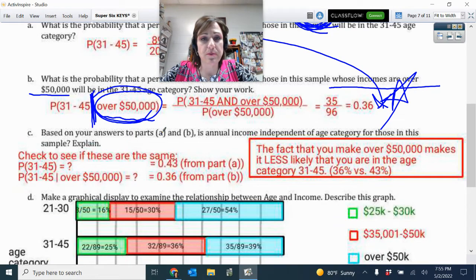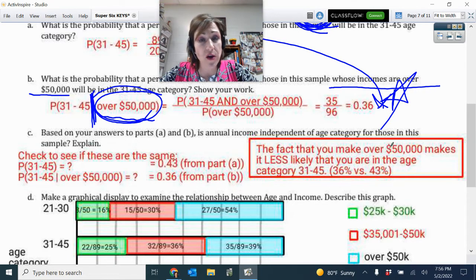So, based on your answers in part A, are they independent for those in the sample, and explain? So, I wanted to check and see. So, you had to reference your answers in part A and part B together to discuss that. And so I did. I showed that no, 0.43 and 0.36 are not the same.